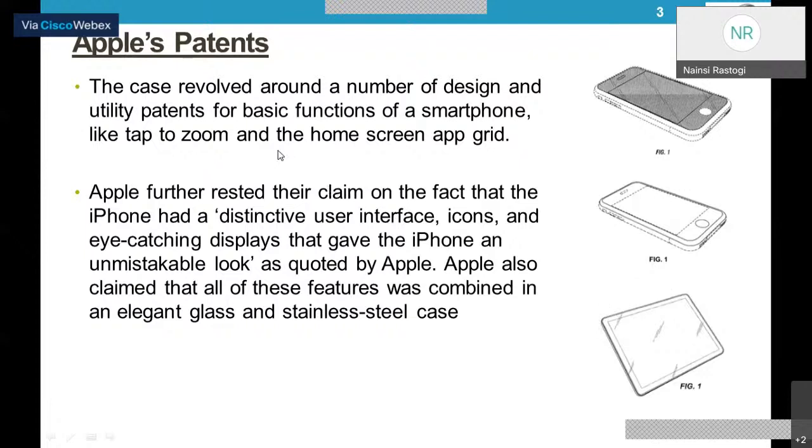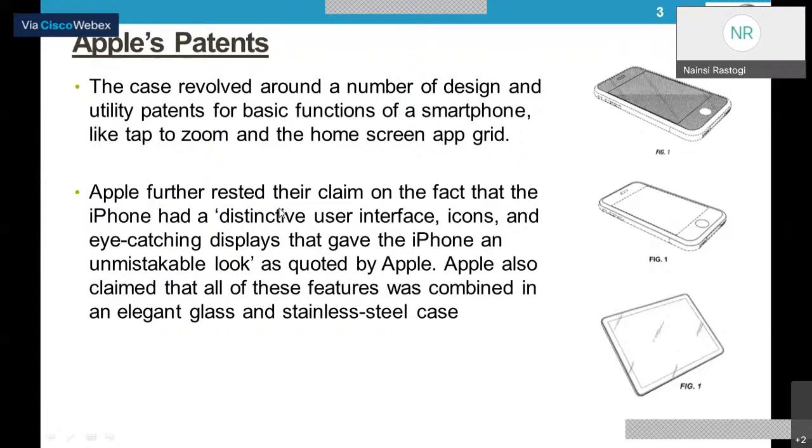The case evolved around a number of design and utility patents for different functions of a smartphone, for example, tap to zoom and the home screen app grid, which I will explain in further slides. Apple further rested its claim on the fact that the iPhone has a distinctive user interface, icons, and an eye-catching display that gives it uniqueness.